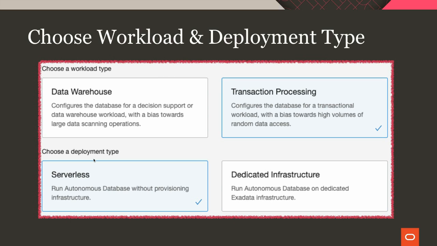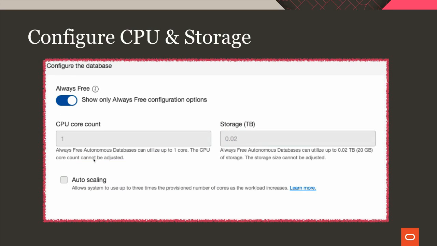This is an infrastructure that maybe there's other databases running within that same rack. Now you can also go with dedicated infrastructure. I do not believe you could do that with an always free database. But if your business had a need for using a dedicated infrastructure, completely private and completely physically separate from every other client, you can do that. So just keep that in mind.